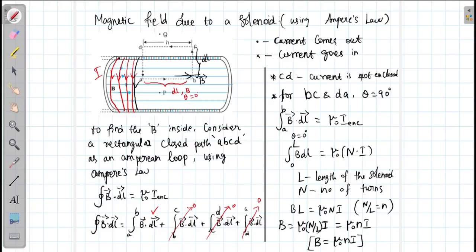The current is not enclosed, so that is why it is taken as 0. Practically, it is not exactly equal to 0, but the value is very small and it can be ignored. The question already mentions that it is almost 0, not exactly 0.